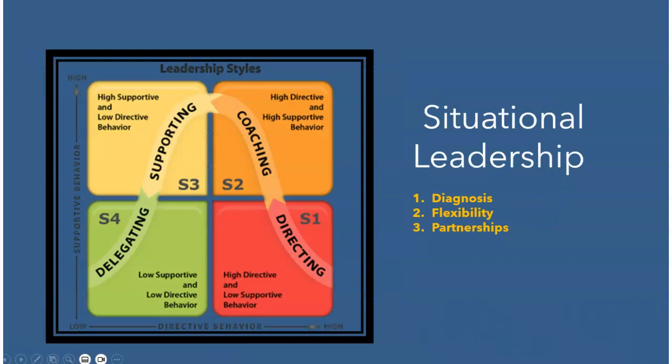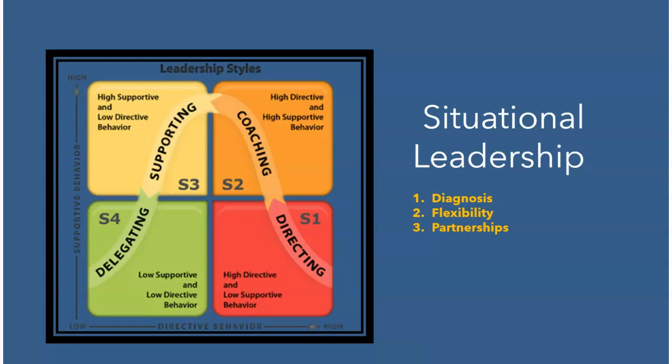Okay, so let's break down the situational leadership model. You'll see the diagram on the left. I'm going to take you through each of these four quadrants. Now, before I get into that, I just want to underscore that the success of situational leadership resides upon these three things. Number one, diagnosis. Diagnosing, assessing where your people are at.